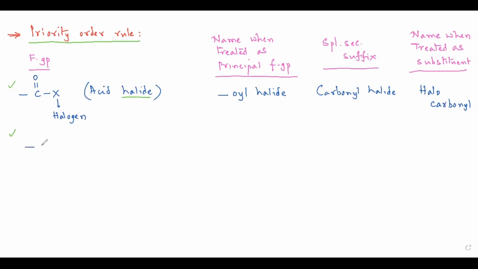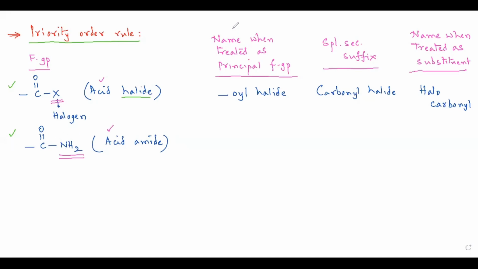The next one, that is amide. So this is called acid amide because these are all the derivatives of carboxylic acid. See, in place of OH, I have written X here. In place of OH of carboxylic acids, I have written NH2 here. So they have become acid derivatives. This is acid halide, and this is acid amide.